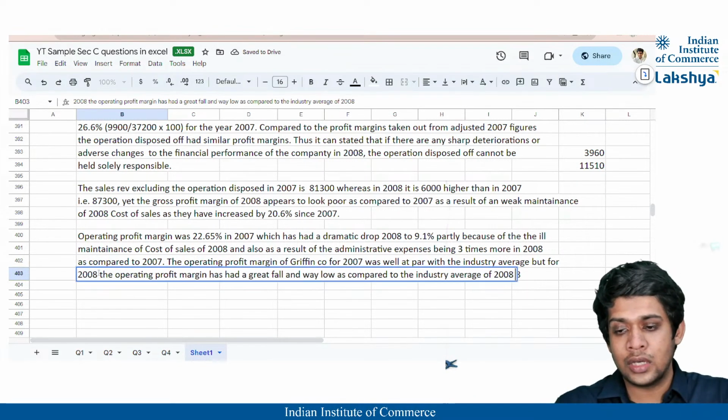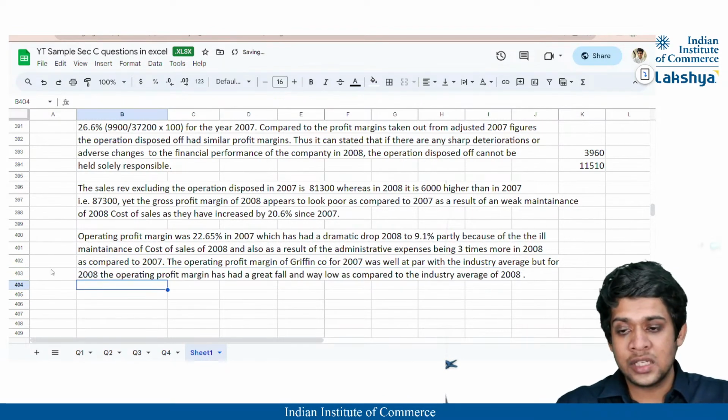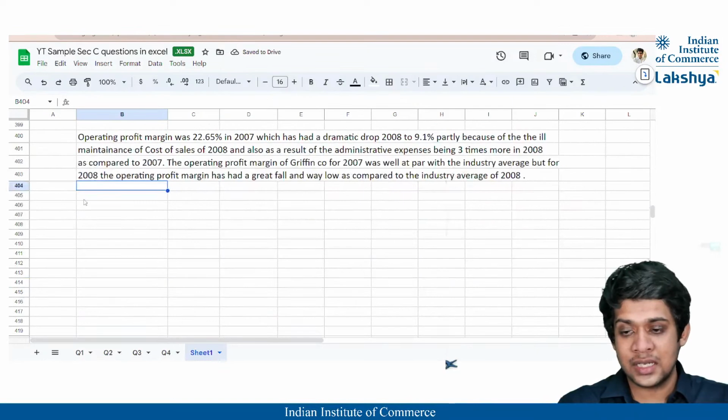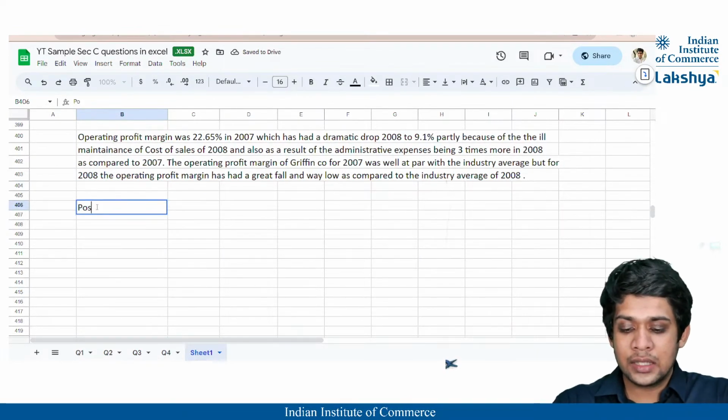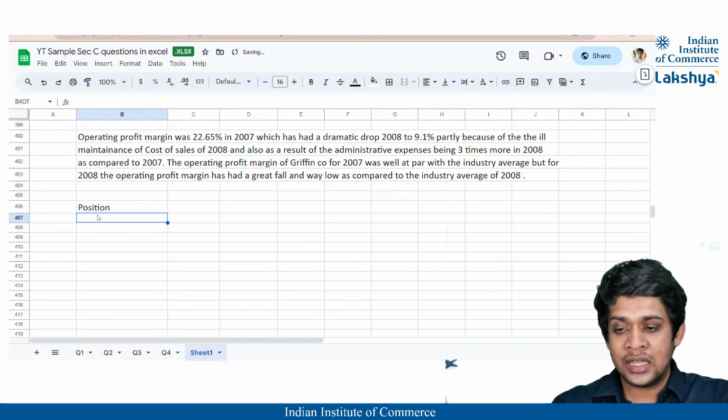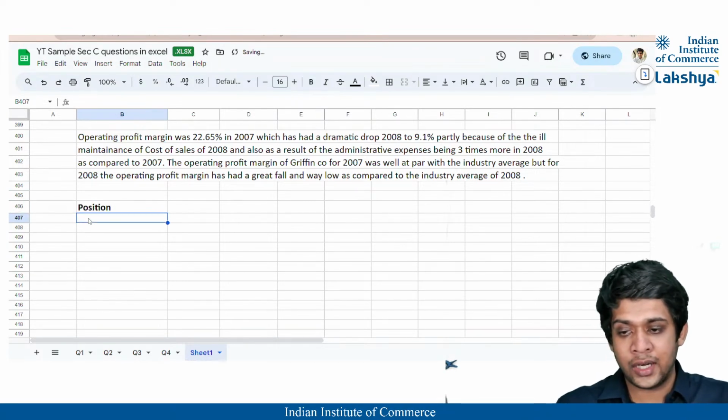So you can mention also like that, comparing it with the industry average, guys. Okay. So I hope these points regarding the performance are clear to you all. Now, regarding the position, you can mention anything about the return on capital employed, right?